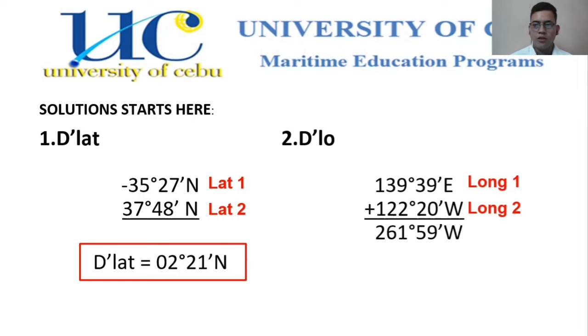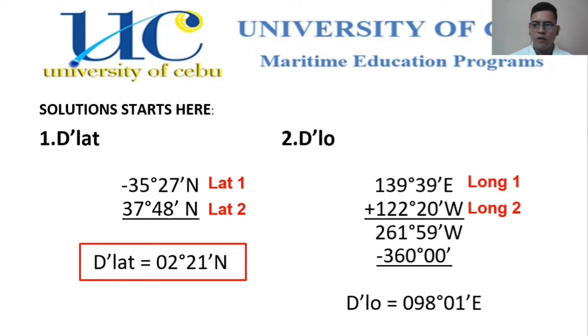So the sum would be 261 degrees 59 minutes west, and we're going to name it west because it is referred to longitude 2. In this case, if the sum is more than 180 degrees, subtract it from 360 degrees and name it opposite from the longitude 2, because it exceeds the limit of 180 degrees.